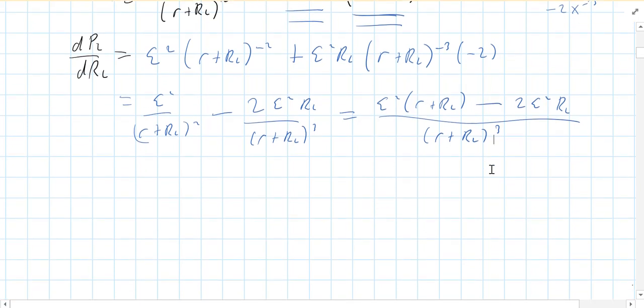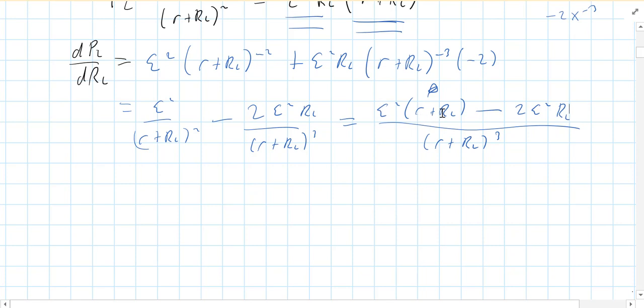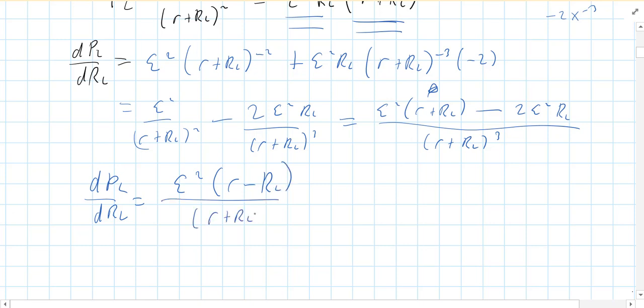And then if I FOIL this out, you get E squared times little r, plus E squared times big R, minus 2E squared times big R. And so what happens is you can factor that E squared out. Remember that's the battery voltage if there's no load. And then you get (little r minus RL) up there, and in your denominator, you get (little r plus RL) cubed.